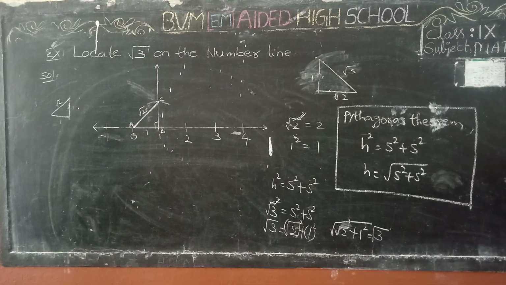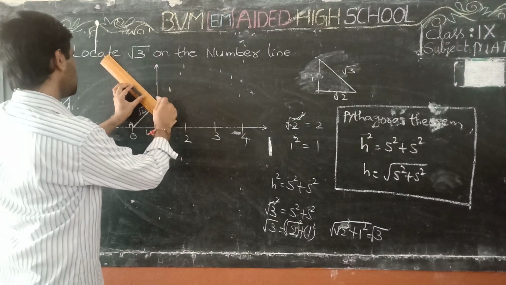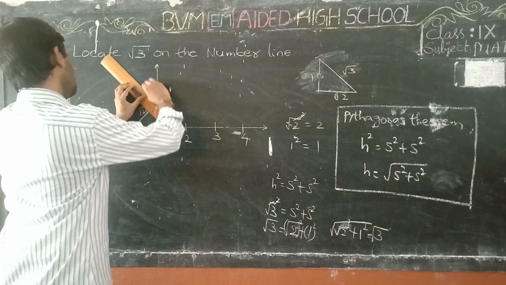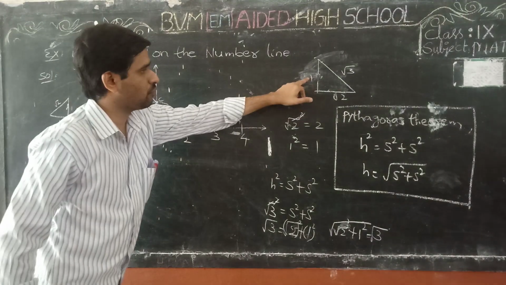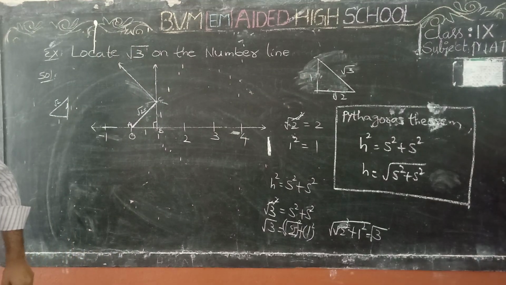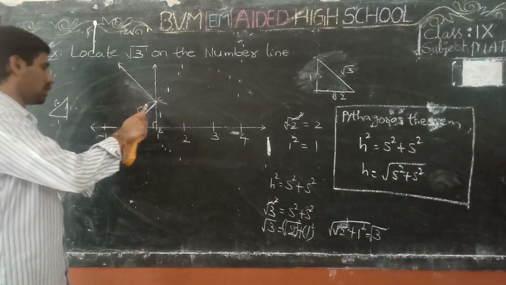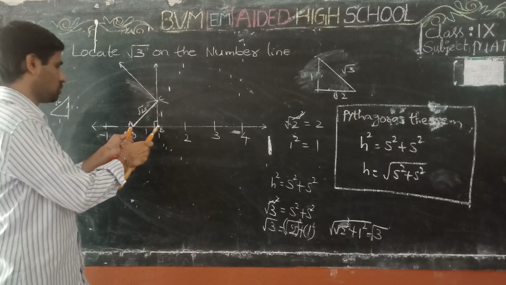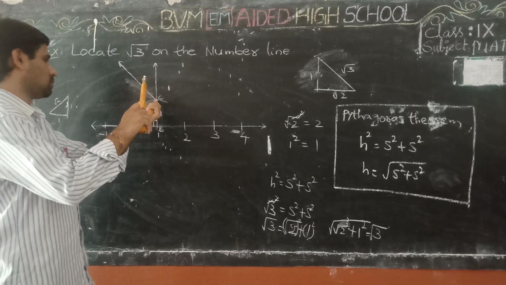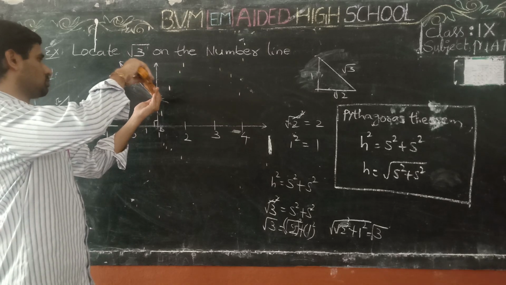Join those 2 points. This is the perpendicular line. This is root 2. We need 1 unit height. So cut this perpendicular line at 1 unit.